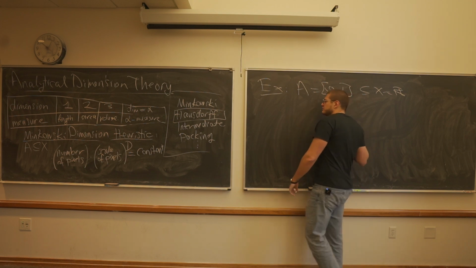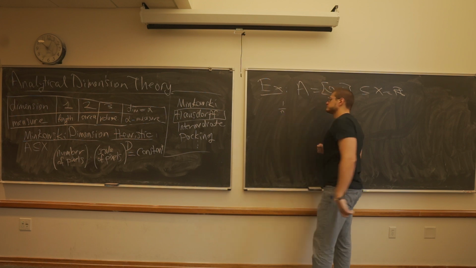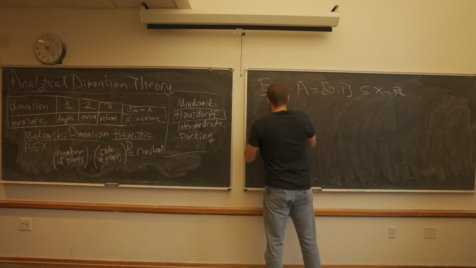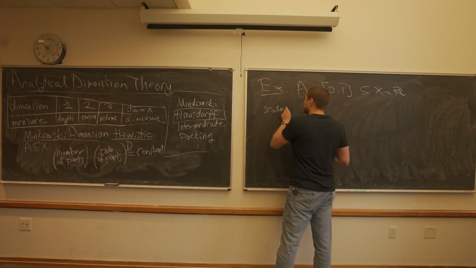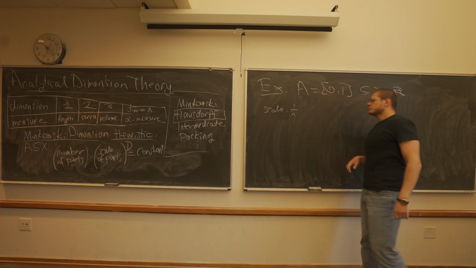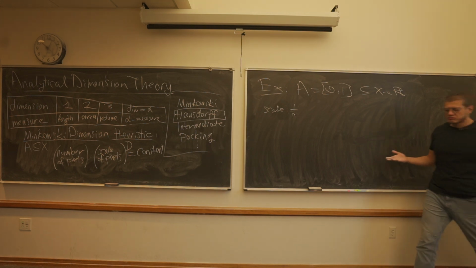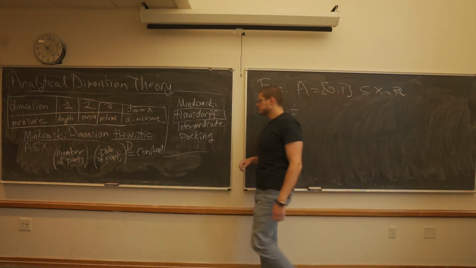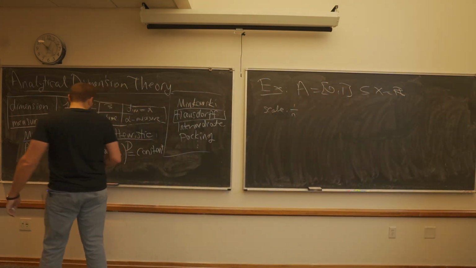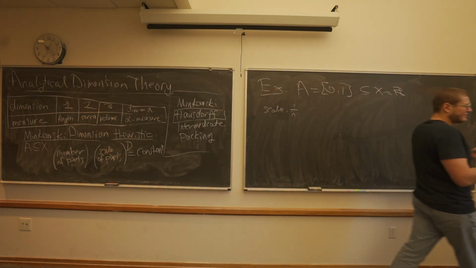If my pixel size was, let's say, 1 over n, well, I would need approximately n pixels, okay? Because what do I mean by scale? Do I mean the diameter?